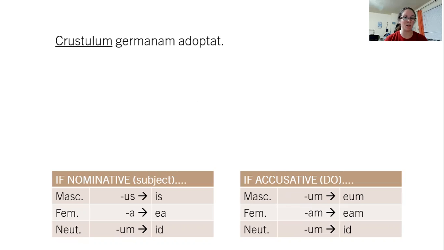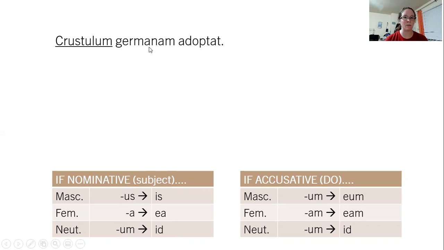So that's a really big clue that crustulum is your nominative. If crustulum is nominative, then you're left with only the option of it being neuter, and so you can deduce that it's id. It's a little more work than just memorizing that crustulum is neuter, but it is another way to approach it, and it is doable.